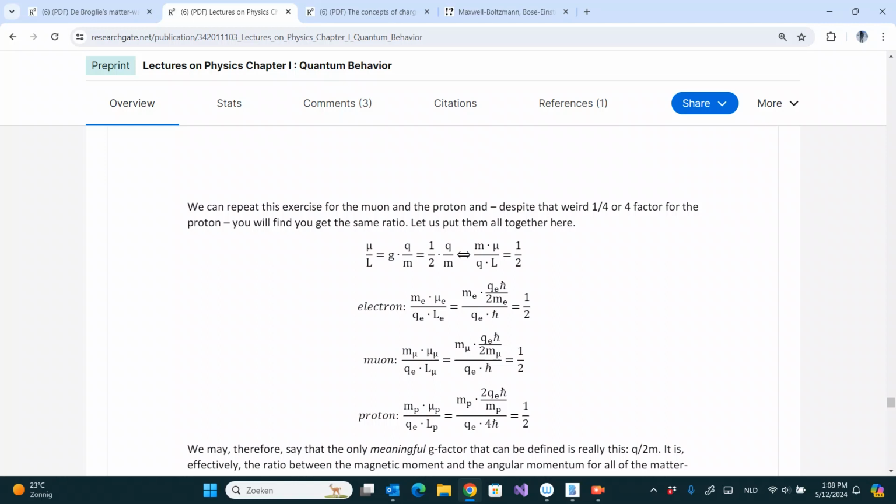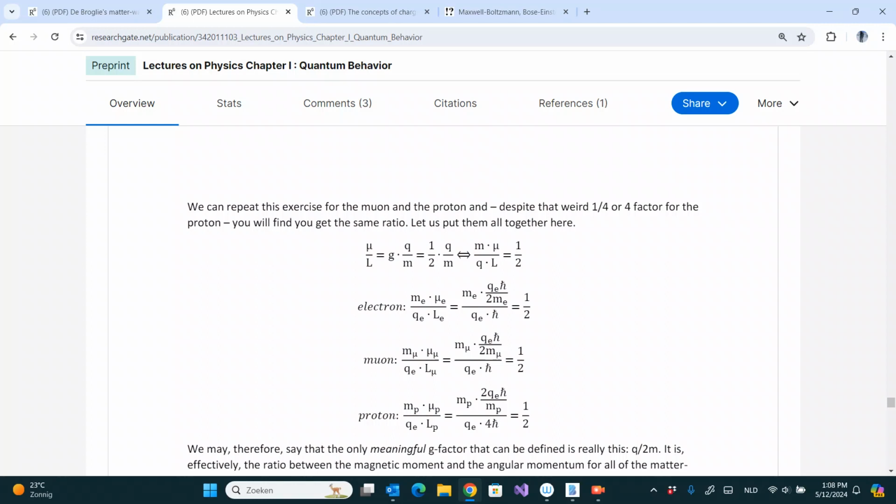You always arrive at this ratio, m times mu over q times the angular momentum L, will be 1/2. And that's this mystical thing where they say matter particles are fermions or spin 1/2, because the only meaningful G factor is always the same. It's 1/2, and that G factor, what is it?